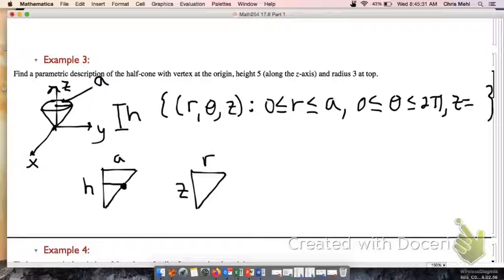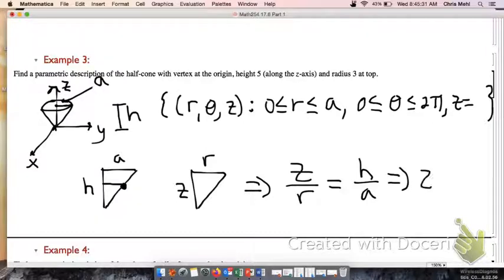This would just be thinking of an arbitrary point on the cone right here. That point has coordinates x, y, z, and I can think about the height of the smaller triangle as the z coordinate, and then for the radius, think about slicing the cone anywhere, you're going to get a circle of radius r. By similar triangles, z over r, the ratio of those sides, has to be the same as the ratio of the sides of the larger triangle, which would be h over a.